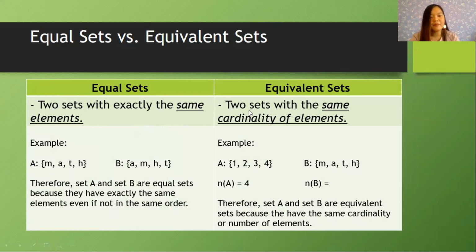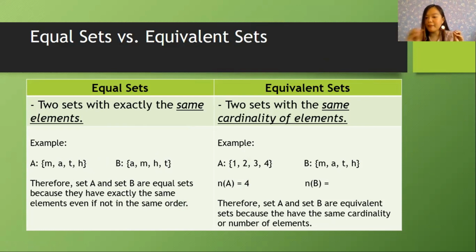We have M, A, T, H. While set B is also the letters in the word math, but we have A, M, H, T. If there is an element M in set A, and also in set B, and also A, T, H, therefore, set A and set B are equal sets because they have exactly the same elements even if not in the same order.